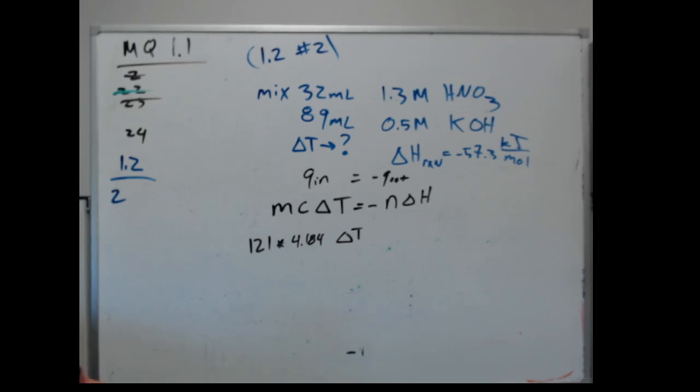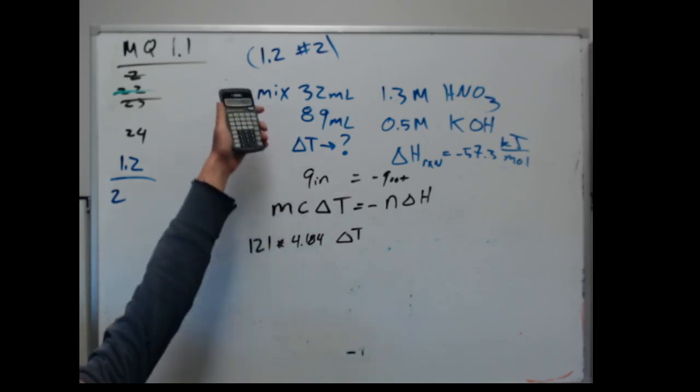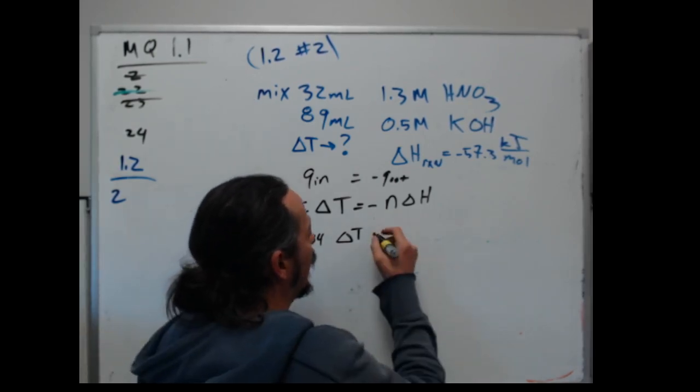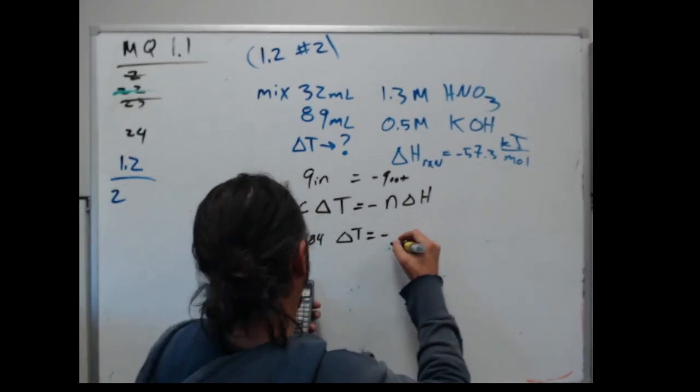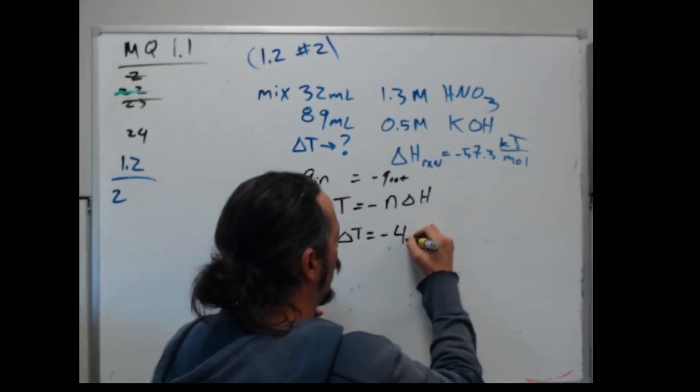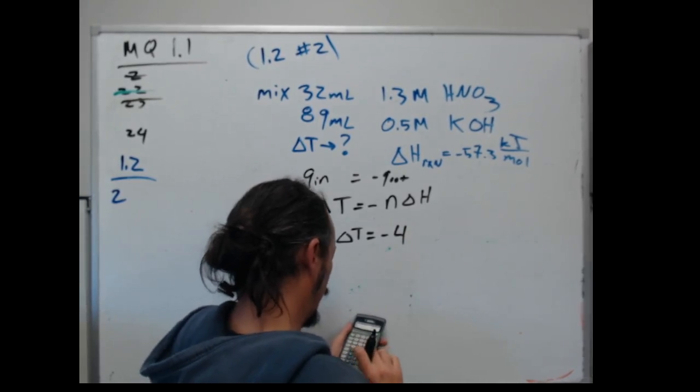My limiting reactant, I'm just going to do this real quick. 89 times 0.5 is 44 versus 32 times 1.3, that's 41. So the nitric acid is my limiting reactant. I'm going to have negative, oh, I didn't divide by 1,000, that's why it's so big.